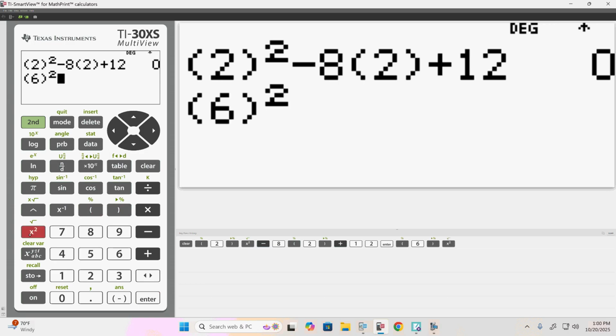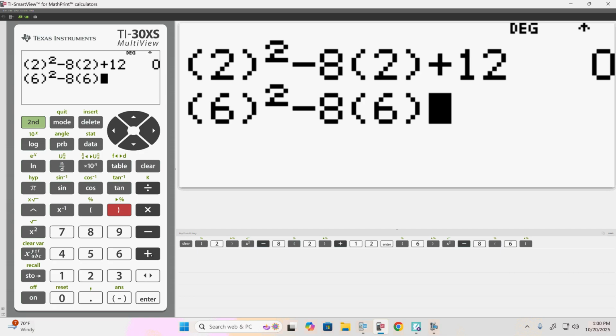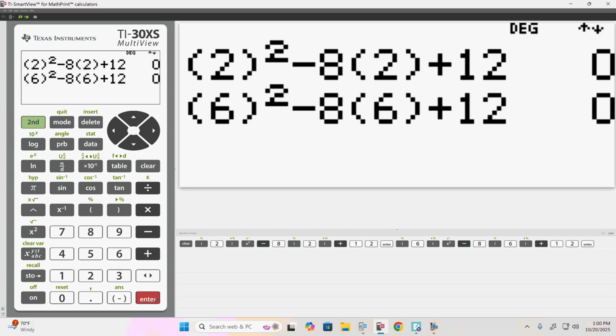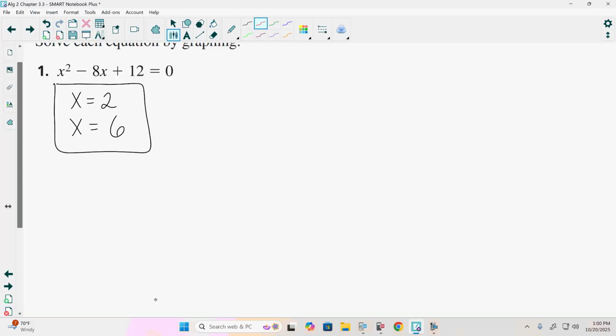And 6 squared minus 8 times 6 plus 12 is also 0. So it tells us 2 and 6 are solutions to this here. They are values of x that would make this function be 0. They are our x-intercepts. That's exactly what we're looking for.